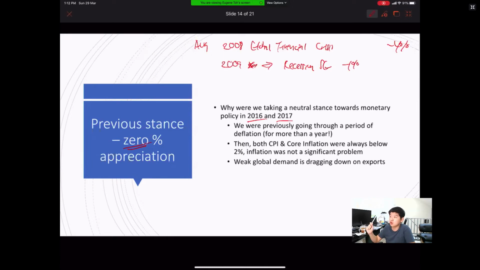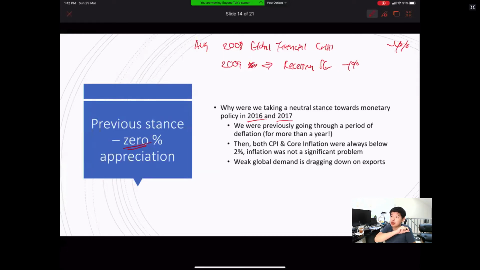No inflation, right? If there's no inflation, your modest and gradual appreciation is supposed to solve what problem again? Okay, so it's supposed to solve the problem of inflation.